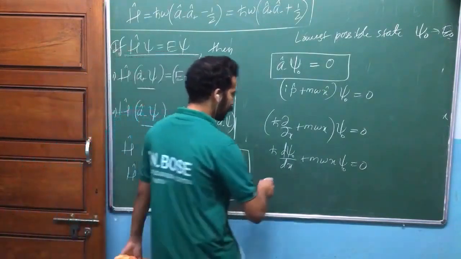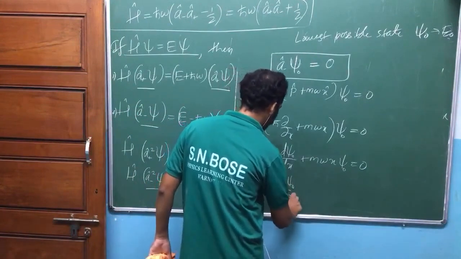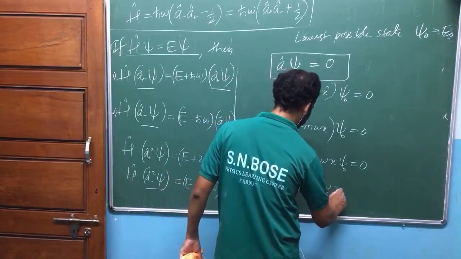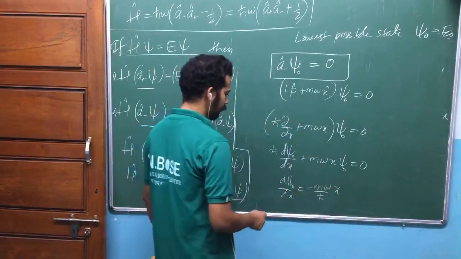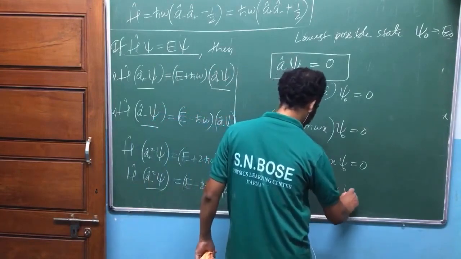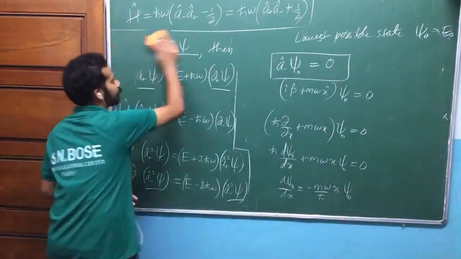Now, if I separate variables, d psi naught by dx is equal to minus m omega by h bar into x psi naught.